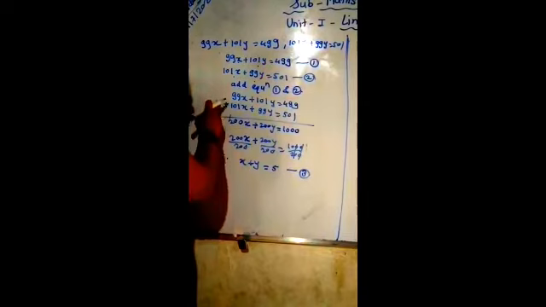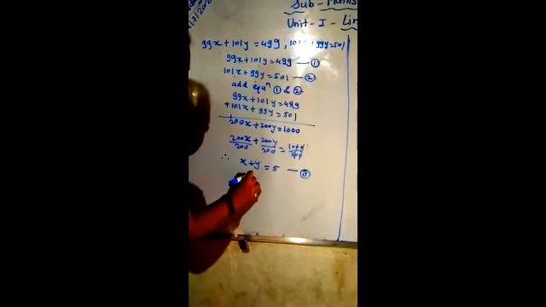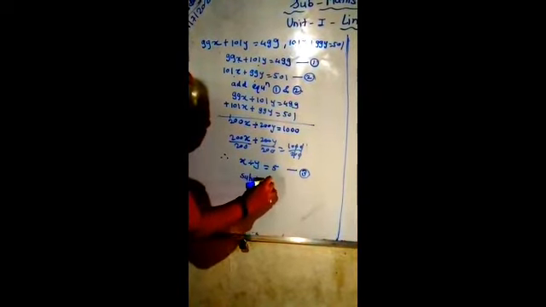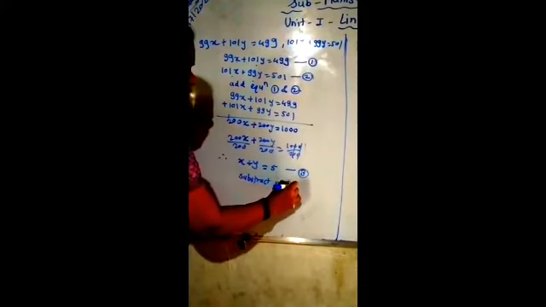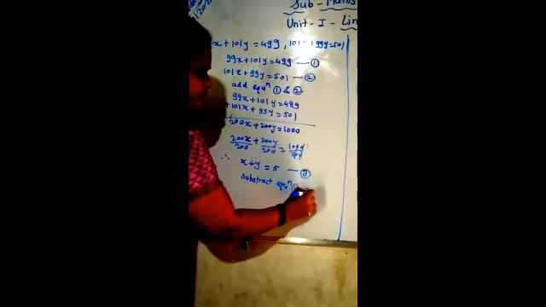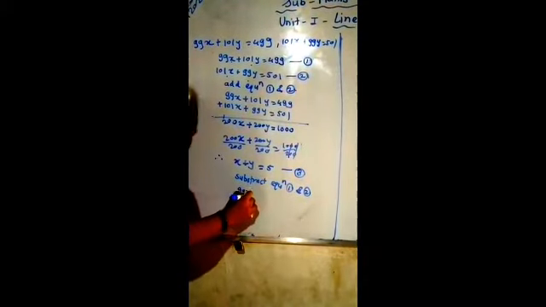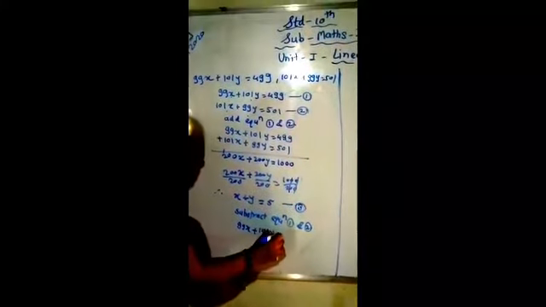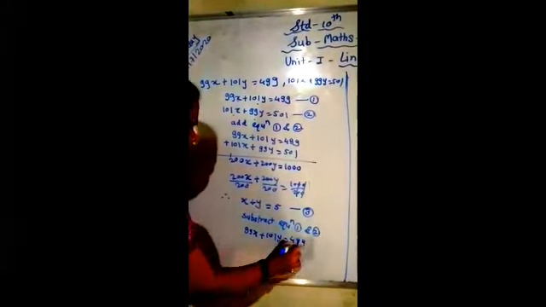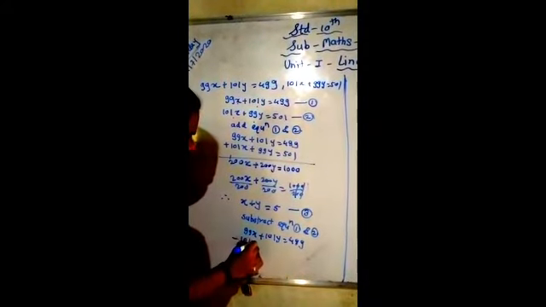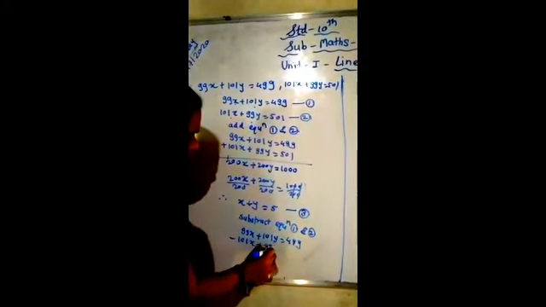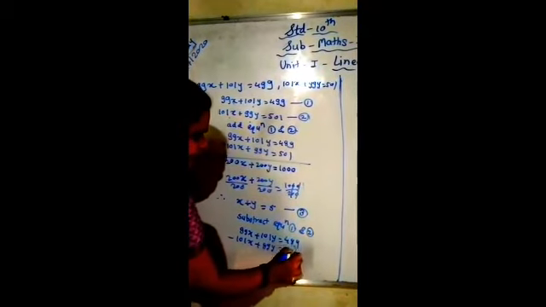Then in this type we also subtract equation 1 and 2. 99x plus 101y is equal to 499 minus 101x plus 99y is equal to 501.